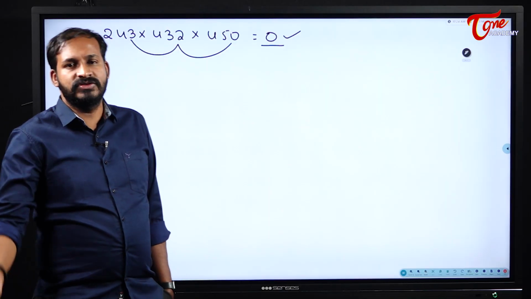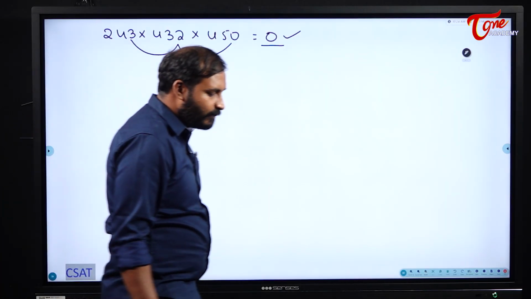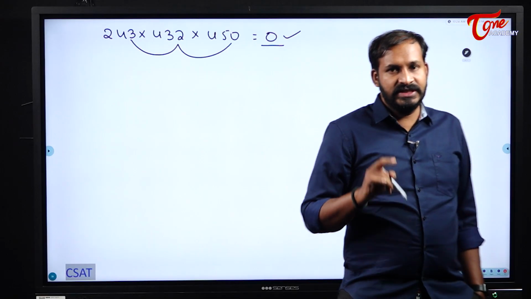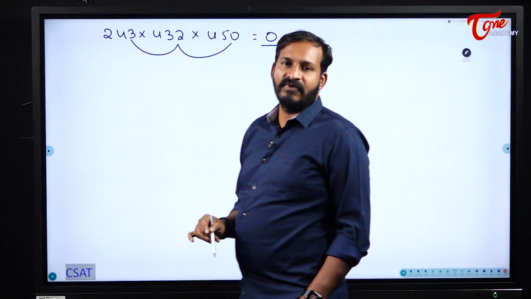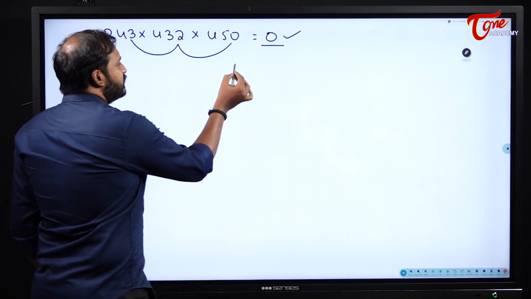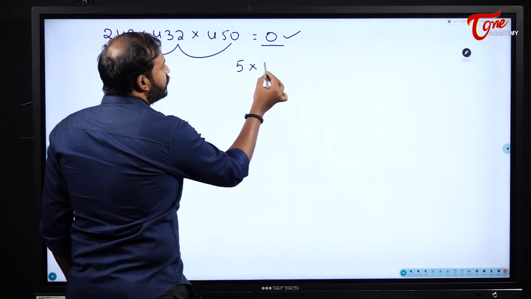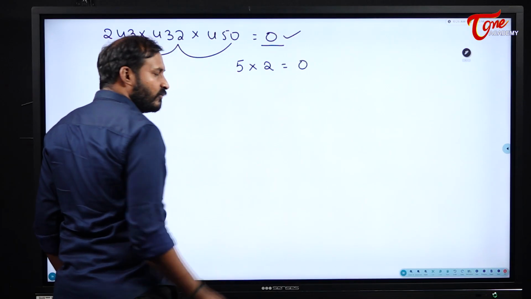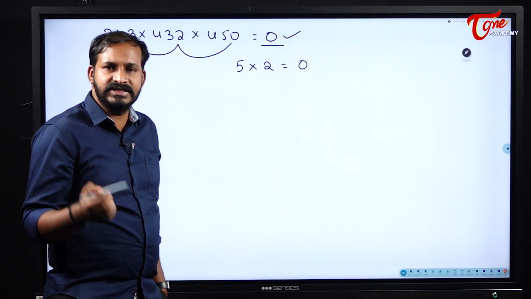Understood, students? Now similarly, we have one digit which is very, very special. That digit is 5. If we have 5 in the units place, see here, when you multiply 5 with 2, what is the units digit you will get? 0. 5 2s are 10. Units place is 0.